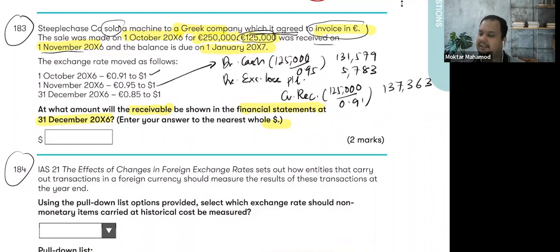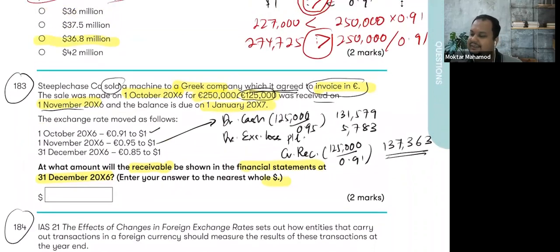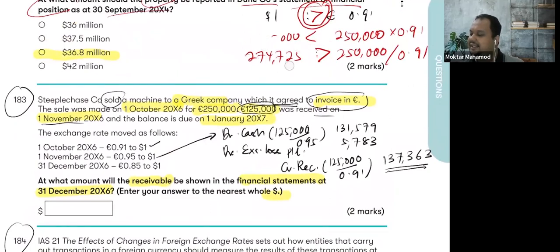Okay. At the same time, because this is half of the payment, you need to take into account that this 137,363, nampak tak, dia tak konsisten, yang ni 275 kan? Cuba tengok betul-betul. 250,000 divided by 0.91.